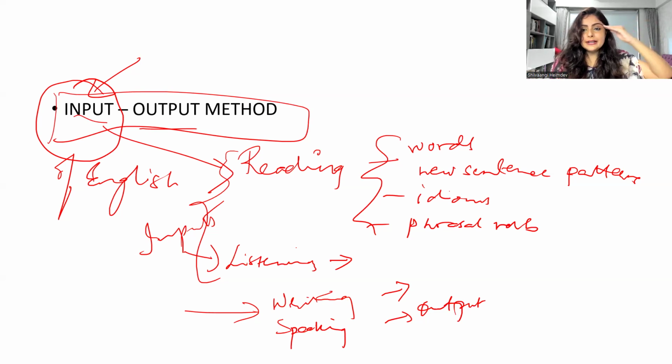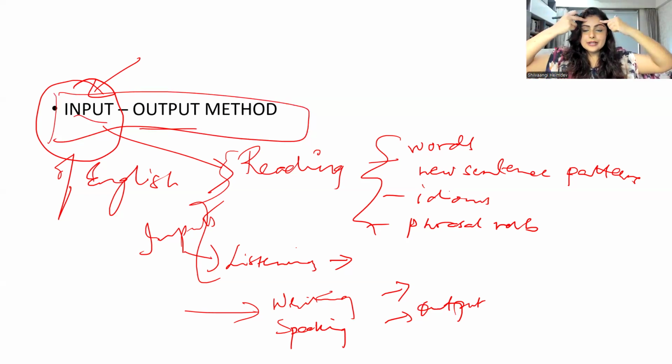So immediately there is an input in your brain, through reading, through listening to podcasts, anything that you have entered in your brain. Take the input, use it as an output in writing or in speaking. So reading and listening are the most prominent ways of grabbing inputs and giving them to your brain, and speaking and writing are the most prominent ways to use the inputs in the form of output.